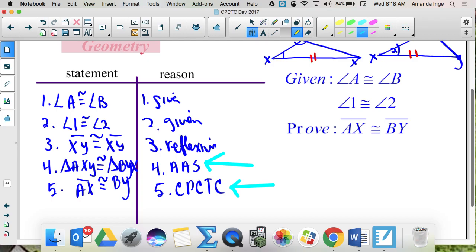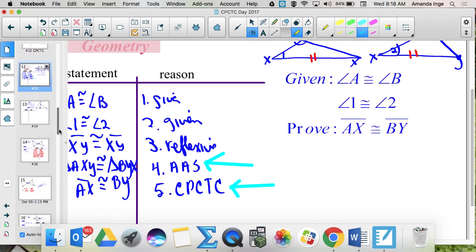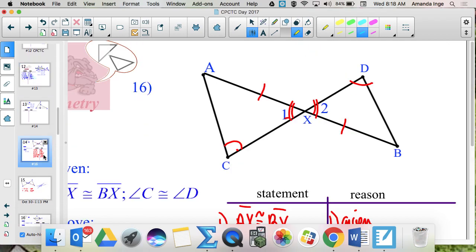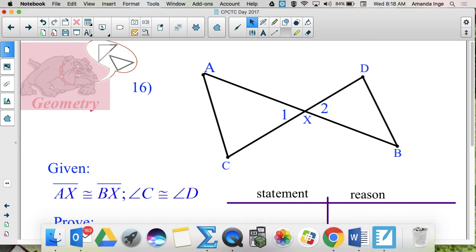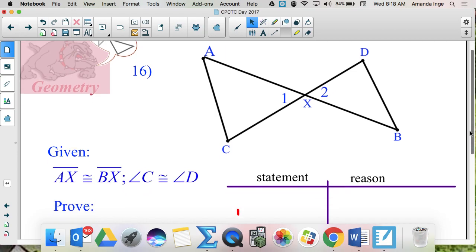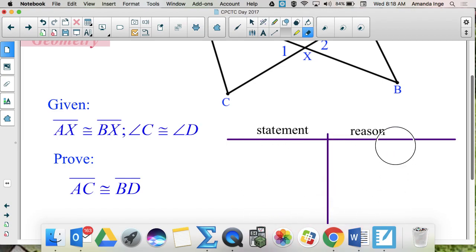That takes me down to number 15, which is the last one that I'm going to do. Once again, look at what you're trying to prove. You're trying to prove that the parts of the triangle are congruent. So you've got to prove the triangles are congruent first before you can do that.